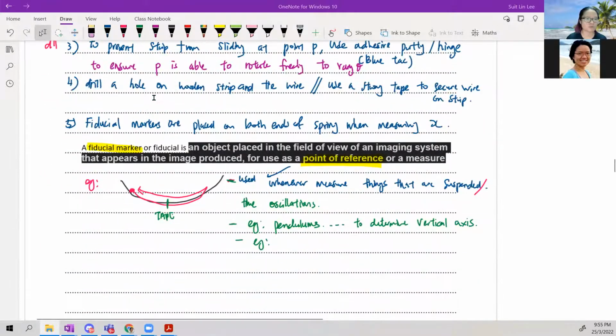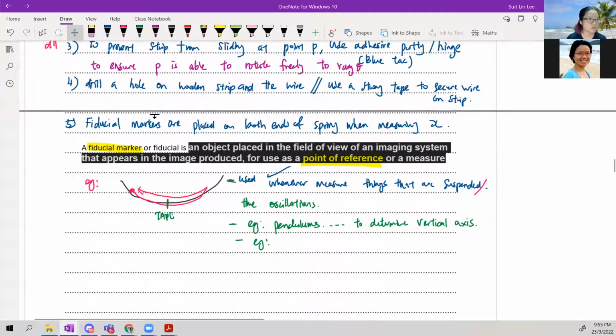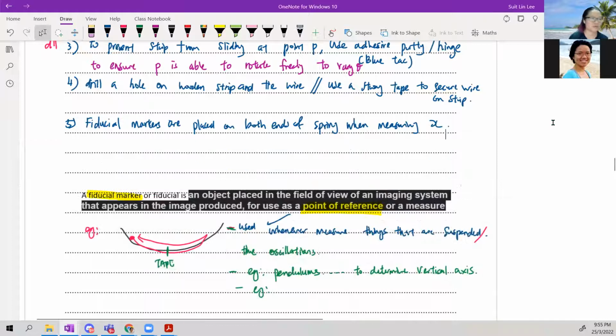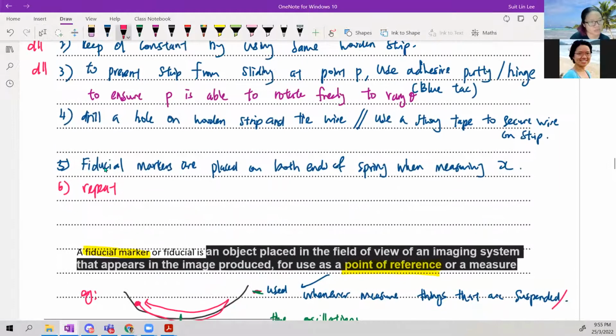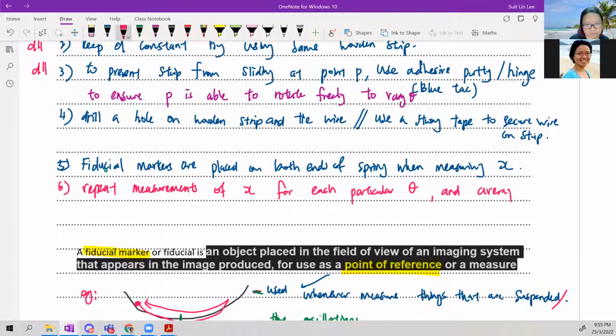If you want to write repeat experiment, I'll be a bit careful. So here's what I'll say. What are we measuring? The repeat experiment always has to talk about the dependent variable. So: repeat measurements of X for each particular or the same theta, and average.